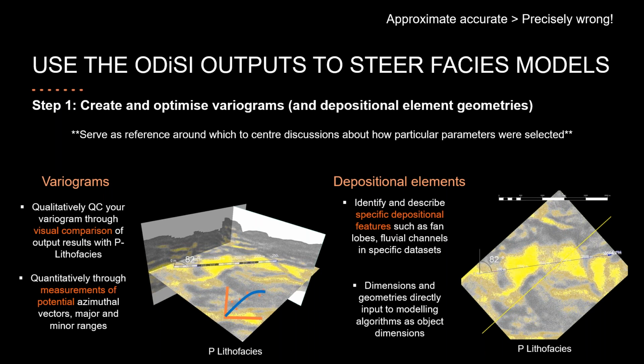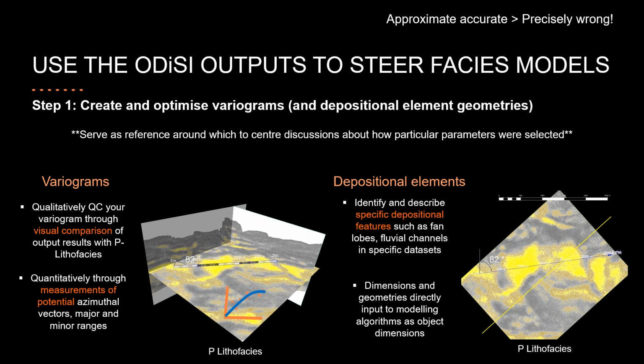And then 2, to quantitatively assess through more rigorous measurements, things like azimuthal vectors and major and minor ranges. So you can basically take your seismic, your ODiSI P with the facies volumes and measure them with things like the Blueback ruler and try get a bit more of a handle on the data that way.